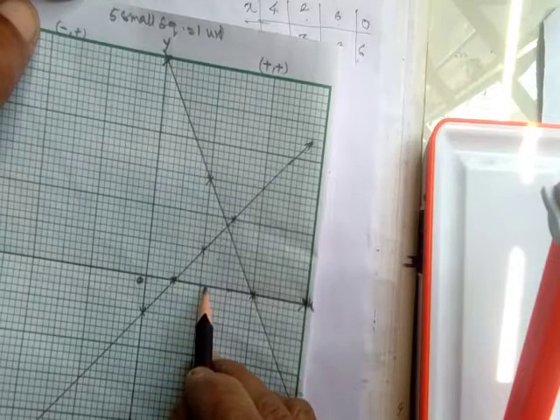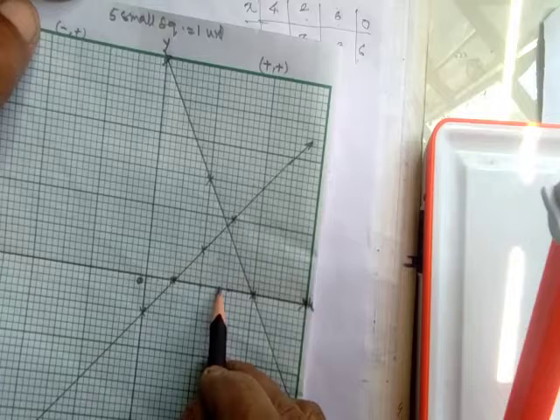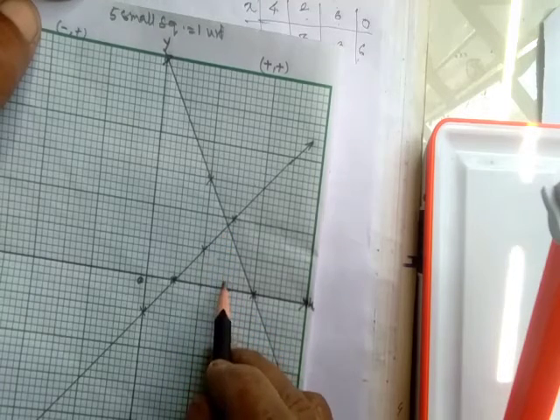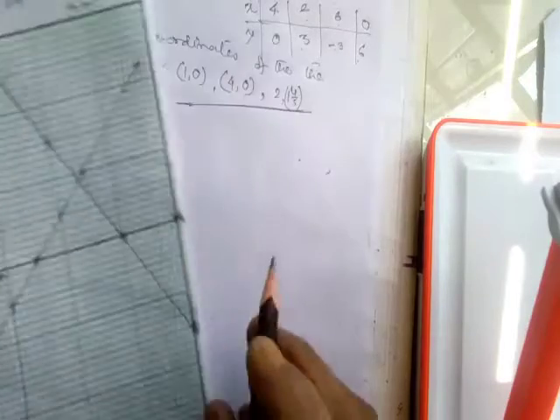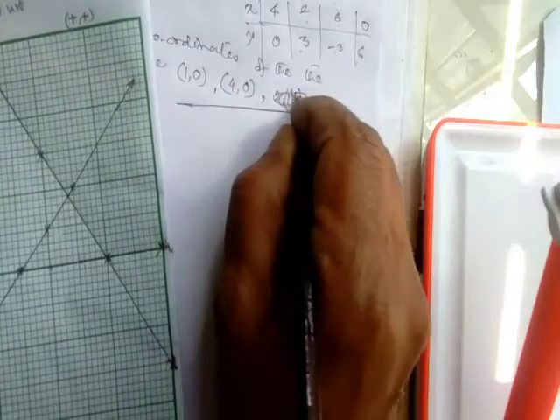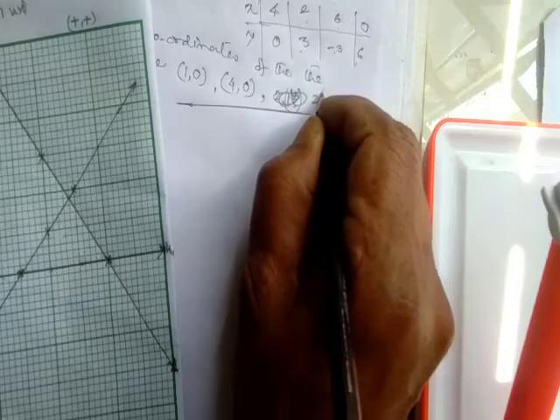2, 2 and up to here it is. This is the point. 2 4 by 5, 2.